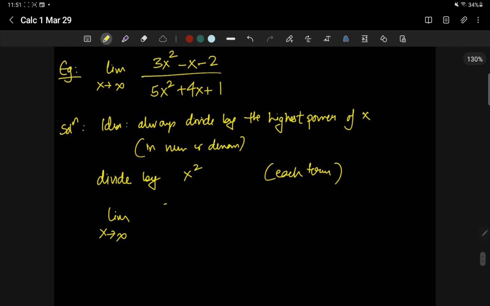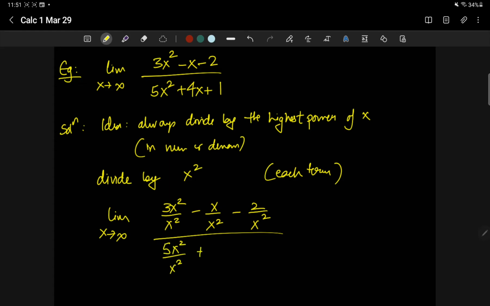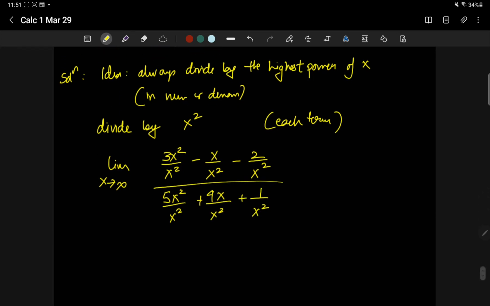So that would be written as 3x squared over x squared minus x over x squared minus 2 over x squared, over 5x squared over x squared plus 4x over x squared plus 1 over x squared. After this step, you can do some cancellations.